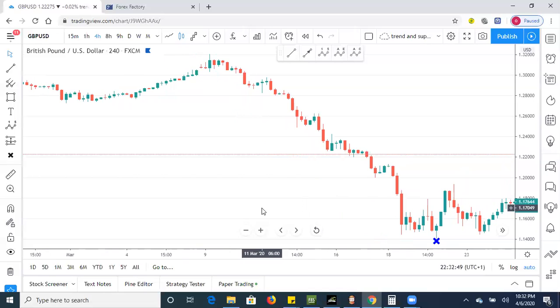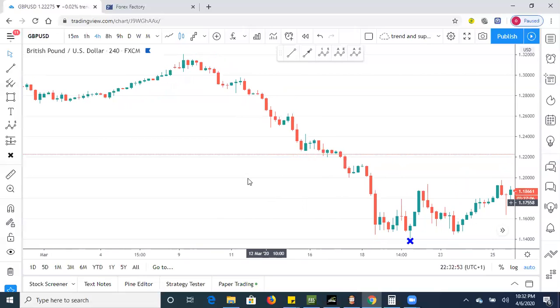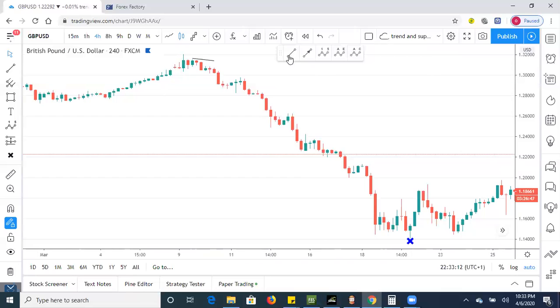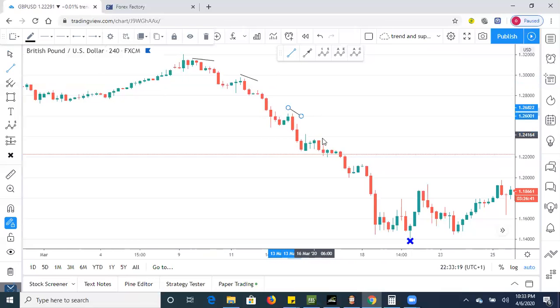So let's take this as an example. This is GU. You could clearly see that this is in a downtrend. And why is it in a downtrend? You can see a high here, then we'll see another high, then another high, then another high, and another high.